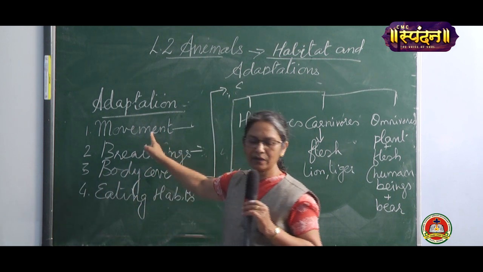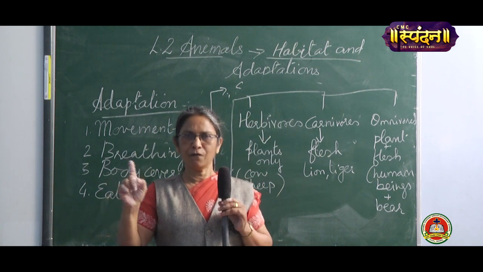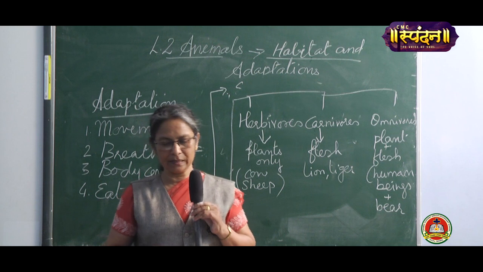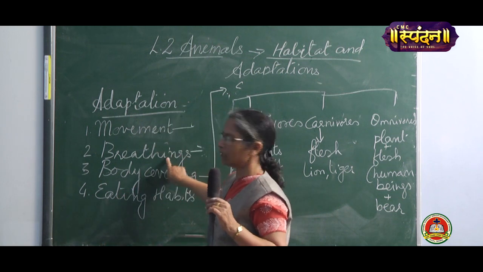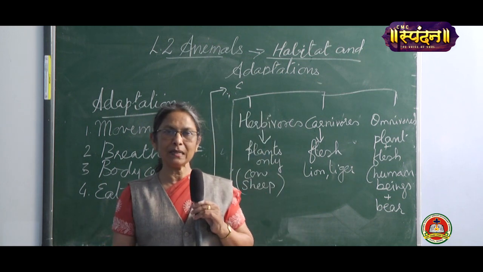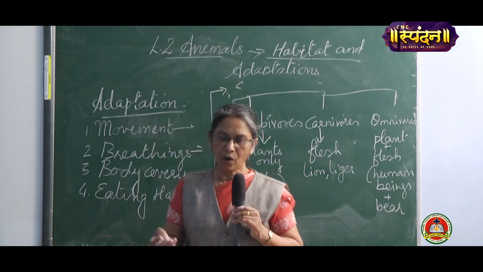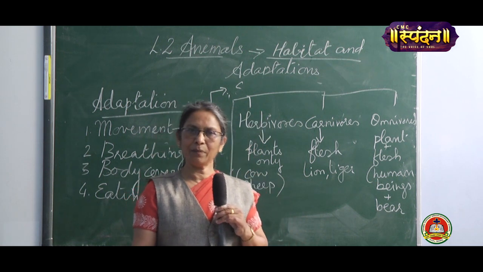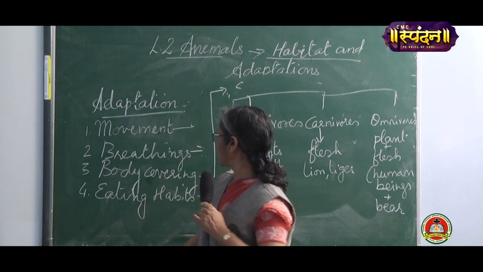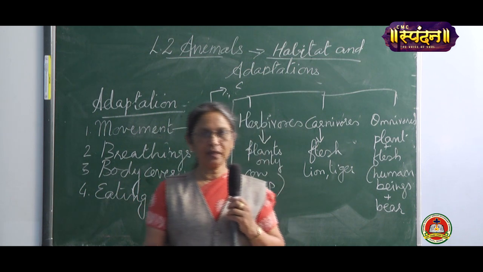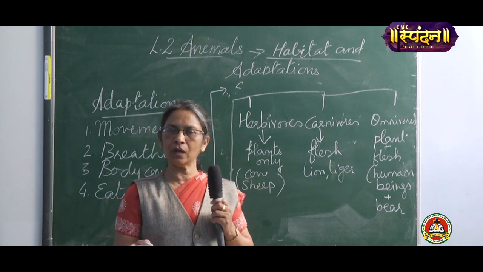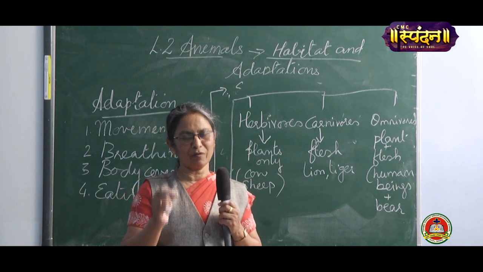Under movement we studied limbs, fins, webbed feet, wings and scales. Under breathing we learned, children, nose and lungs, gills, moist skin and spiracles. Then adaptation of body coverings, we learned shells, feathers, hair and fur, thick skin, and we also learned a new word, that is camouflage.